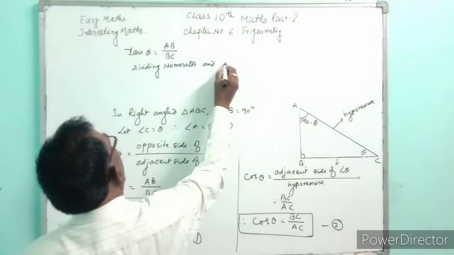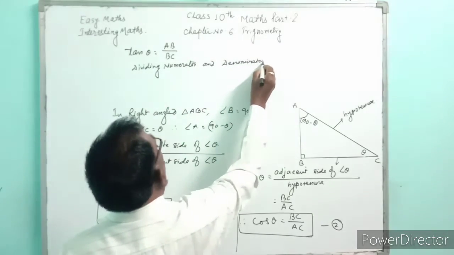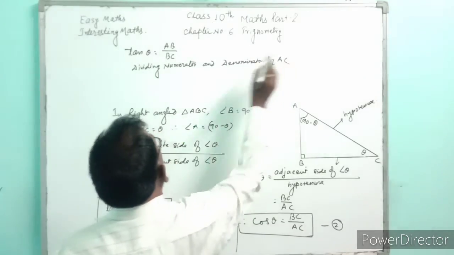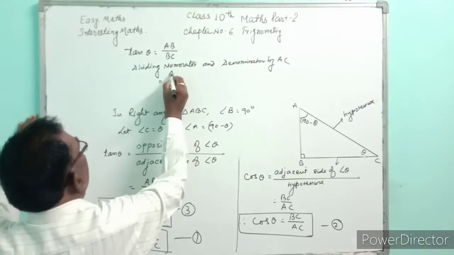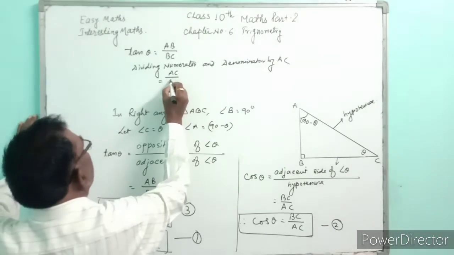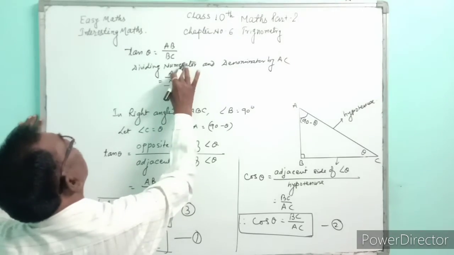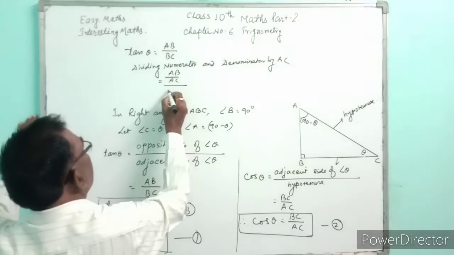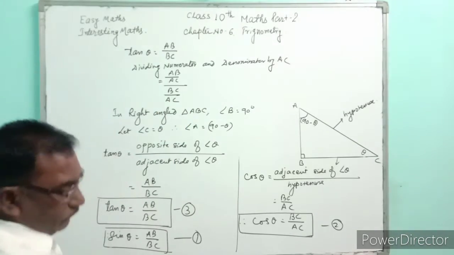AC means hypotenuse. Therefore, AB by AC divided by BC by AC.